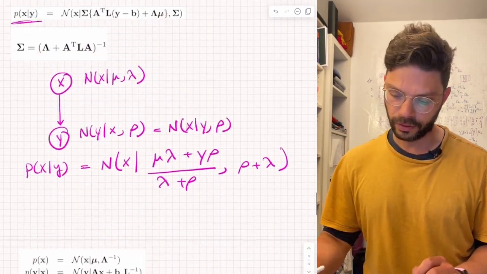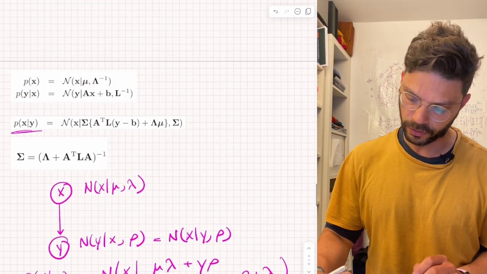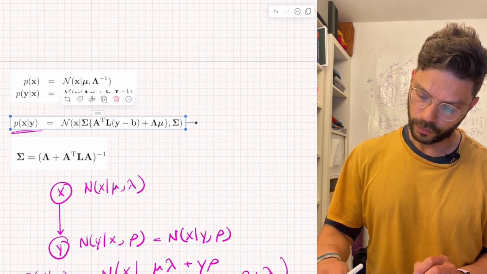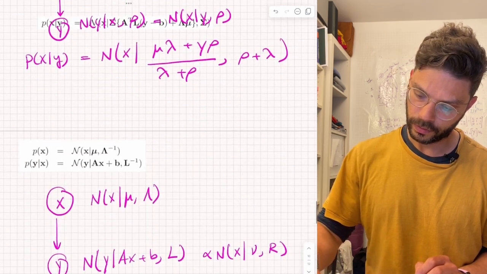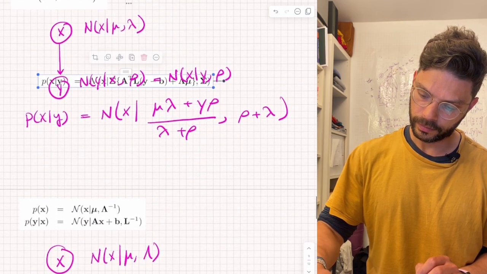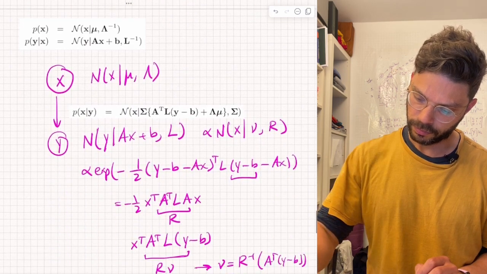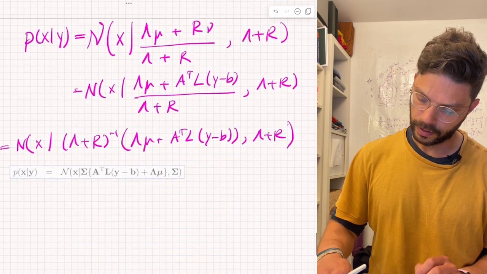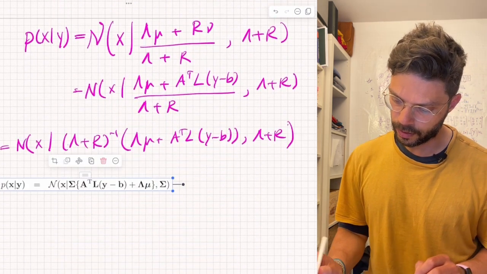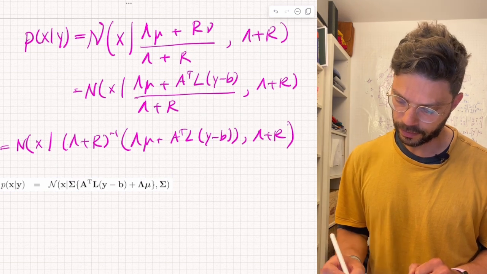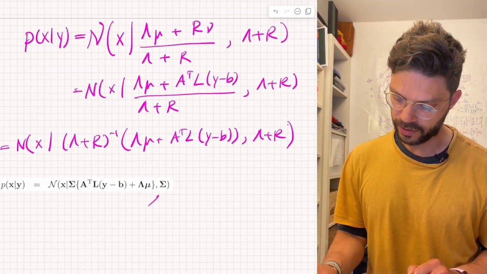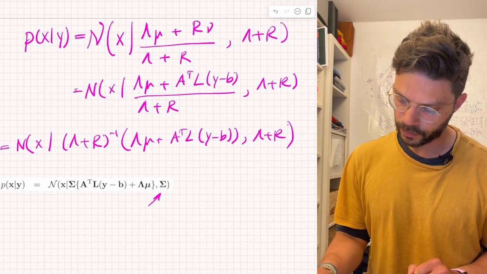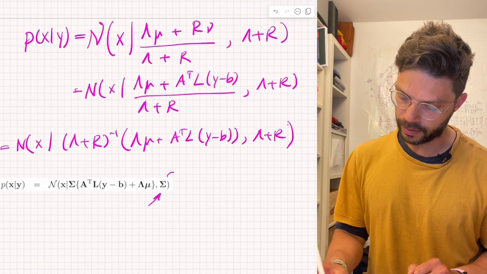And if we look back up at the expression that we have, let's just copy it down. Let's bring it all the way down here. Yeah, there it is, right? So that's exactly what we have. And so here we're looking at the covariance, which is that minus 1. So what we've got is this precision.